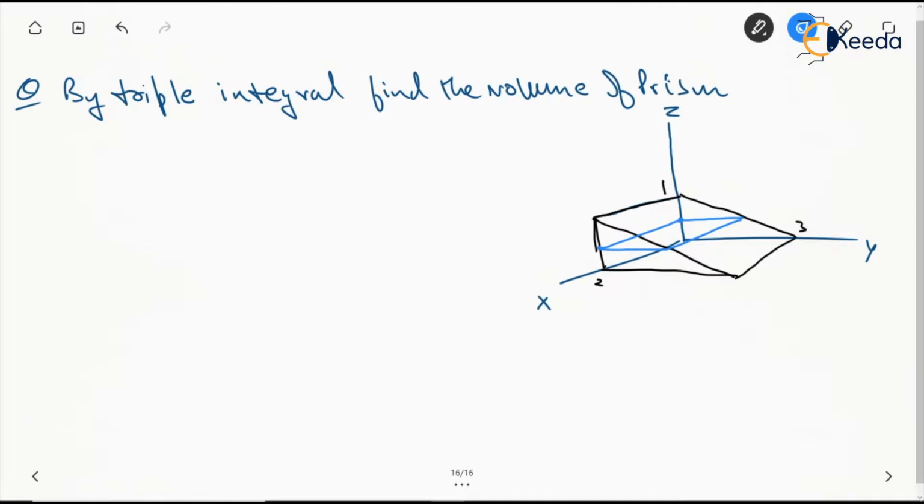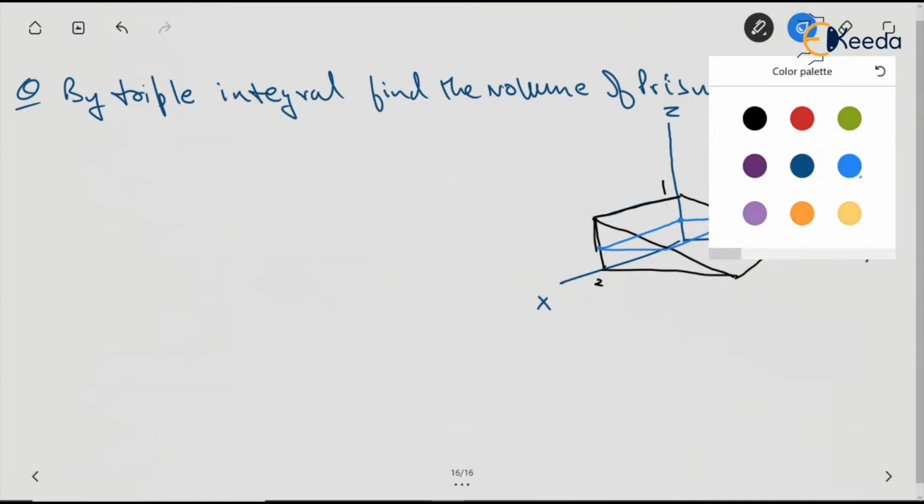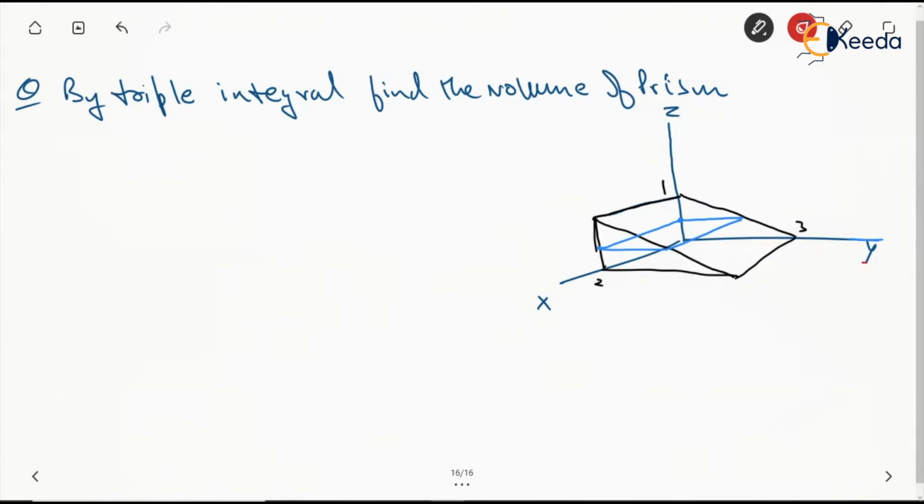And if we talk about y, so at different points we'll have different y. Like in this case, let's say this is y. So at this point the length of y is this much, whereas at this point the length is this much, at this point it is this much, and so on, right?